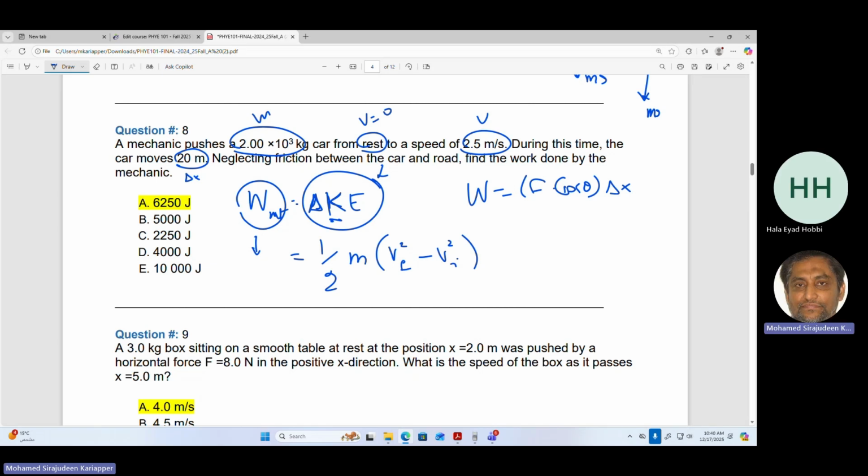Well, there will be vertical forces, but they will not do work. So the only force that does work is the mechanic's push. So all we have to do is find the change in the kinetic energy. Half into 2000, that is the mass of the car, multiplied by final speed 2.5 meters per second squared. Initial speed is 0. And when you do that, you should get this answer. So, let's go to the next question.